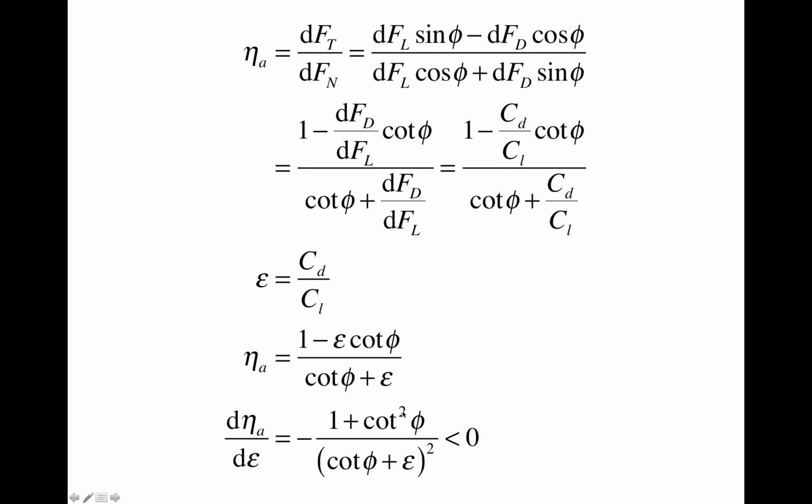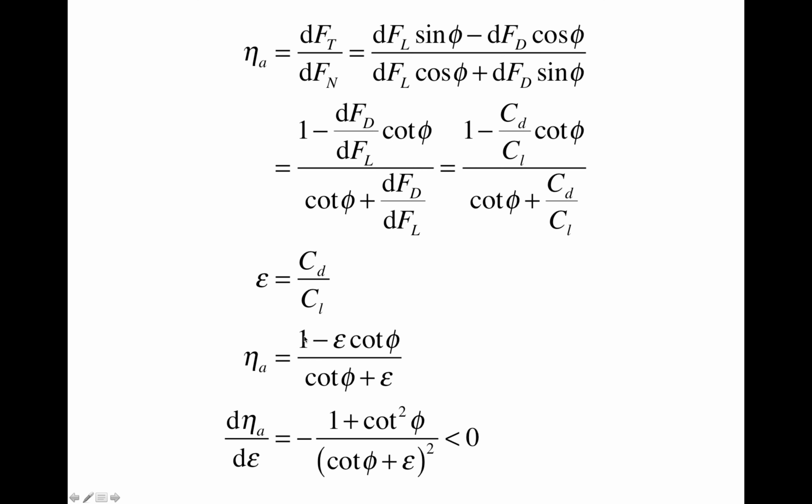It's cotangent squared phi, and then cotangent phi plus epsilon squared. So this is a positive number, and this is also a positive number for any reasonable values of phi and epsilon. And there's a minus sign in front of it. So the whole thing is a negative number, which means eta A is monotonically decreasing with epsilon, because the derivative is negative.